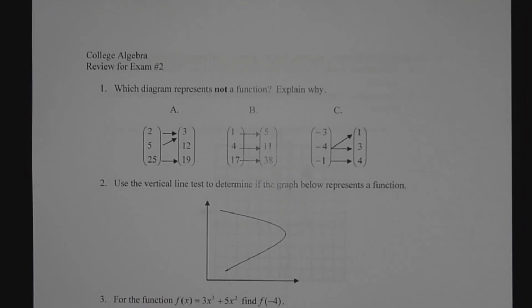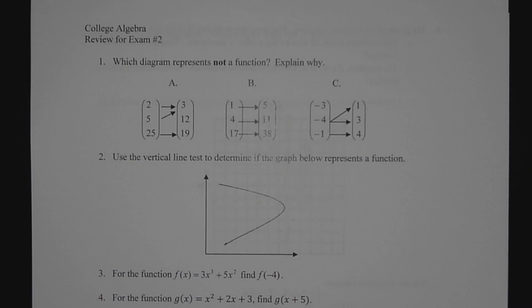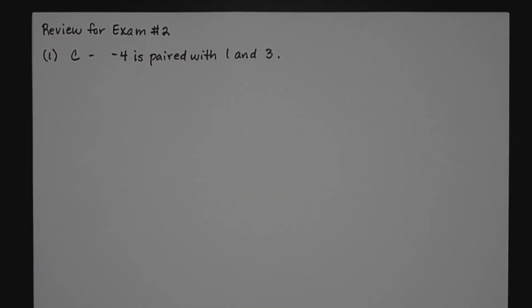Problem number 2 is using a vertical line test to determine if the graph below represents a function. I'm going to go ahead and draw a graph that's similar to the one on the review sheet.